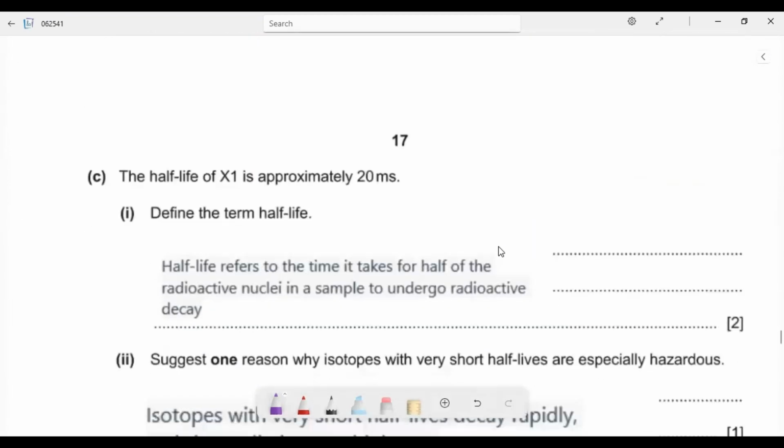The half-life of X1 is approximately 20 milliseconds. Define the term half-life. So here half-life refers to the time it takes for half of the radioactive nuclei in the sample to undergo radioactive decay.